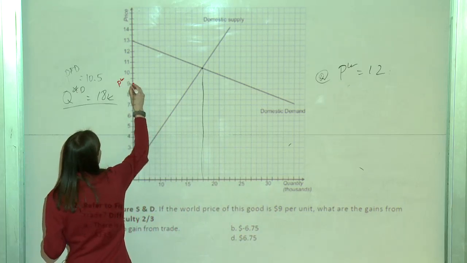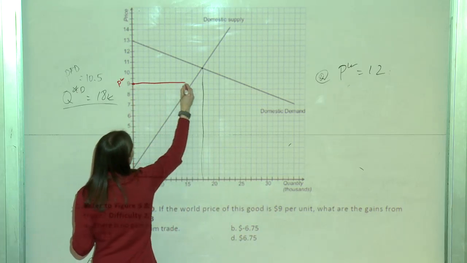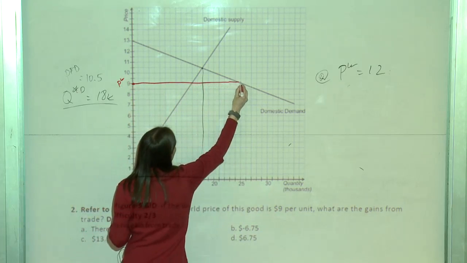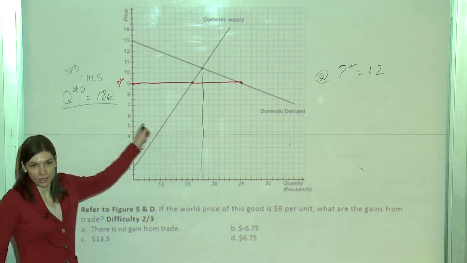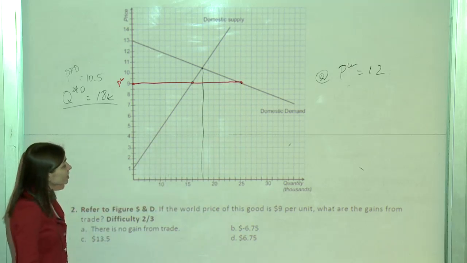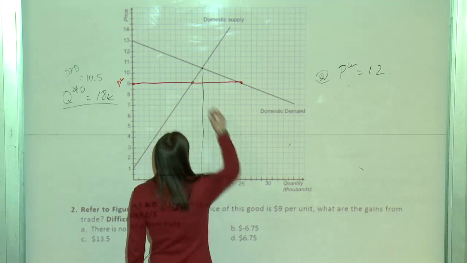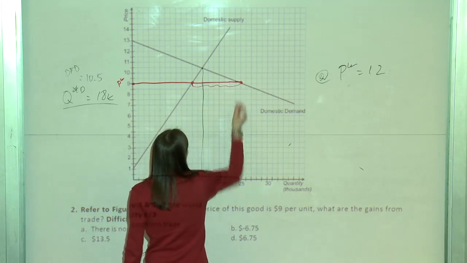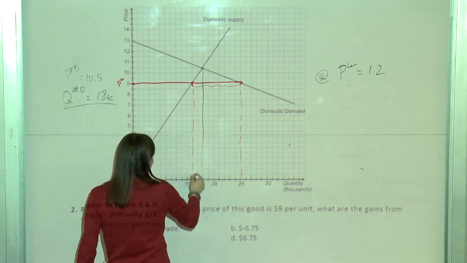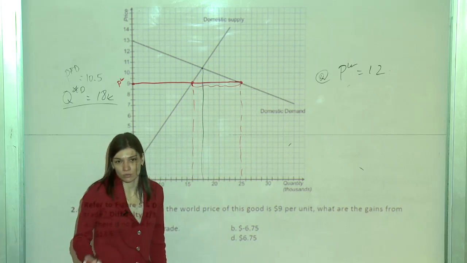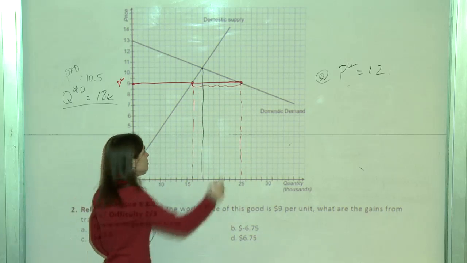That's the world price. And as we said before, we're going to have imports because quantity demanded is higher than quantity supplied at that price. And the number of units that we're going to import would be, let's see what that is, 25 versus 16. So 9,000 units we're going to import, right? This is import.